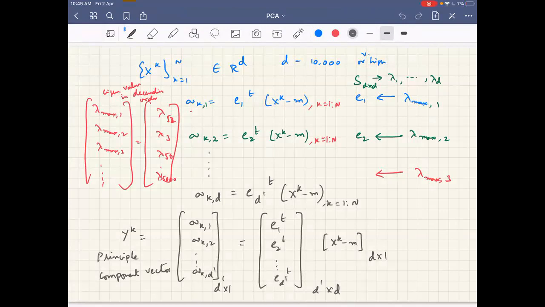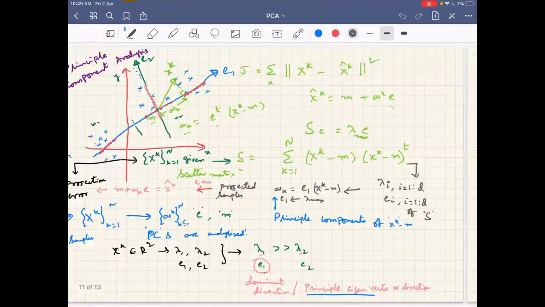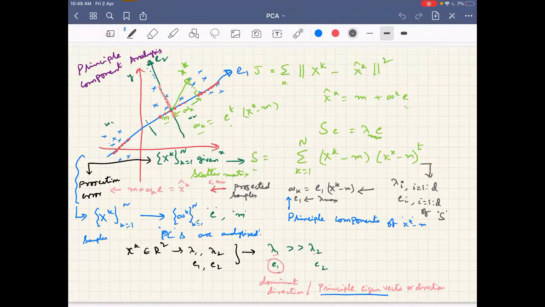We have seen in the previous lecture that if we want to project onto a particular direction, the direction of projection is given by the dominant eigenvector of the scatter matrix. If S is the scatter matrix of all samples and lambda max is the maximum eigenvalue of the scatter matrix, the corresponding eigenvector is the direction in which we should project the data to capture most of the information when we wish to project onto a single dimension.